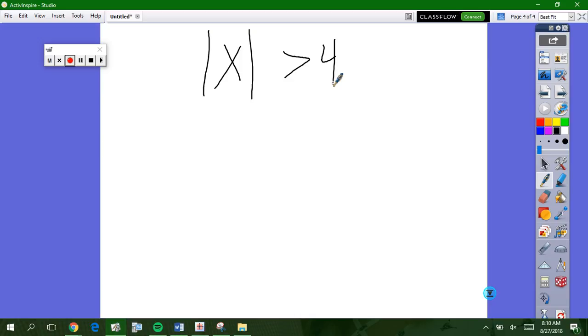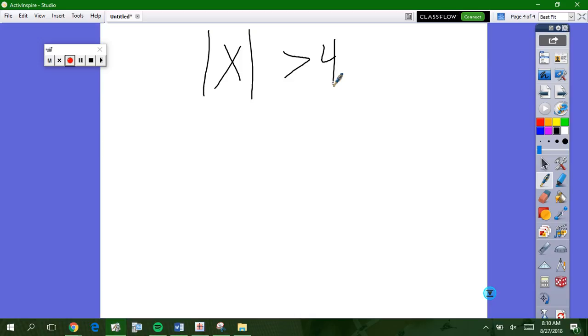Because once again, anytime I have an inequality, there's an infinite amount of solutions, isn't there? Because anything that puts that value in that's greater than 4 will work. Give me a solution just off the top of your head. 5. Absolute value of 5 is greater than 4. There's a solution. As you just said, 6 is another solution. There's many or infinite. Okay?